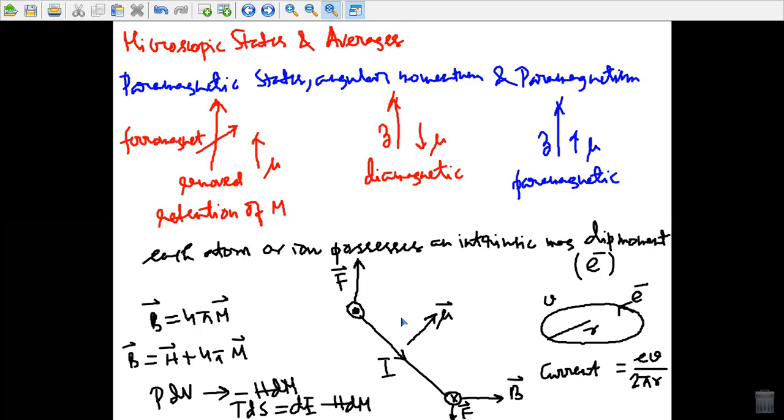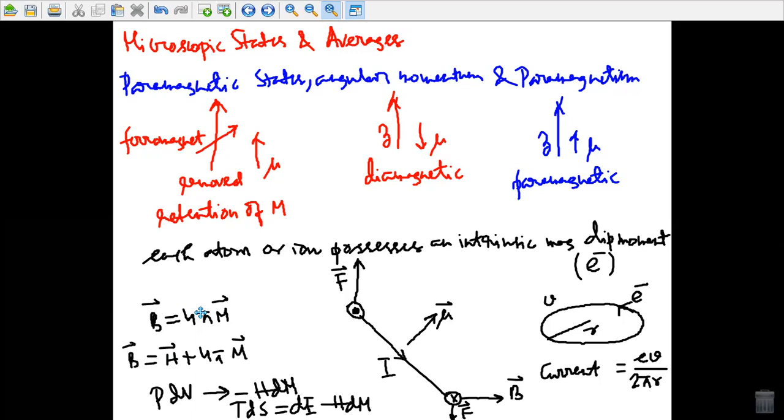If M is the magnetization density or magnetization per unit volume, the relation between the induced fields and the polarization density is B equals 4 pi M. Consider, for example, a single dipole moment in a medium of many other dipoles.